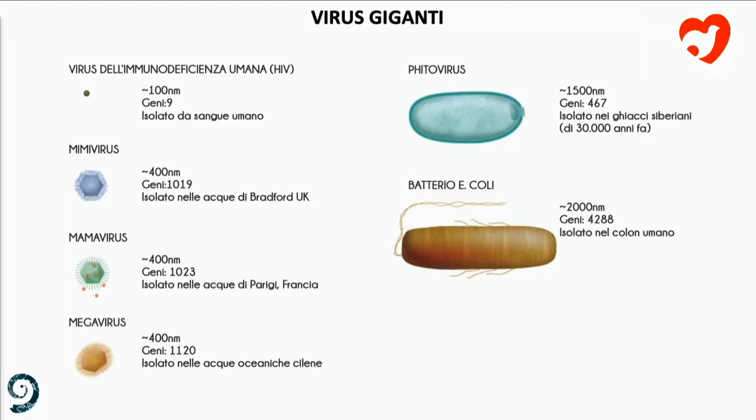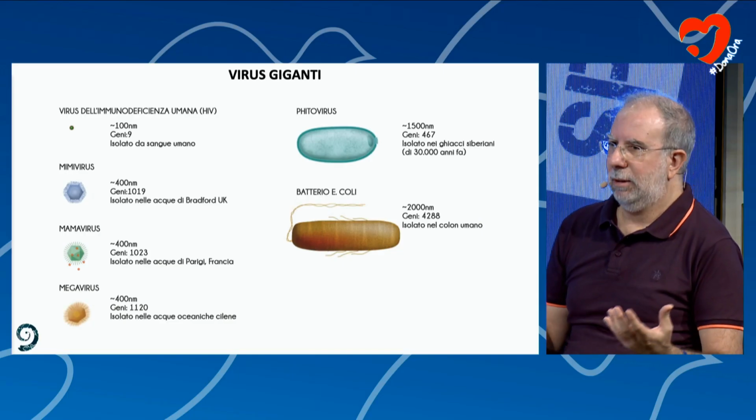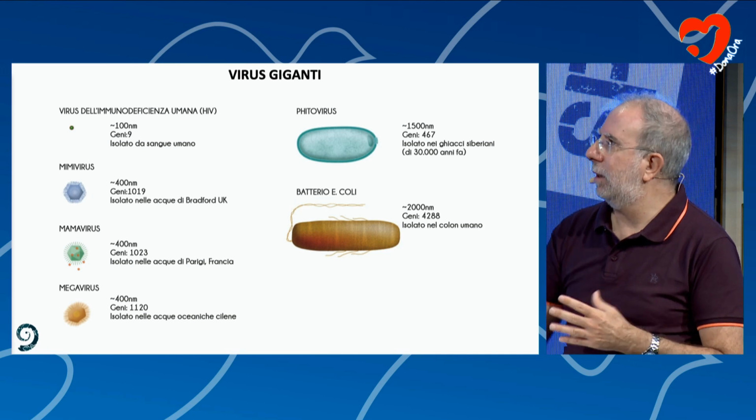In later years, giant viruses were discovered, called, as you see in the slide, giant because they're very big, obviously. You can see here in the picture the dimension of the HIV virus and the bacteria of Escherichia coli, and then we have the virus and the megavirus, where we have dimensions that are similar to bacteria.